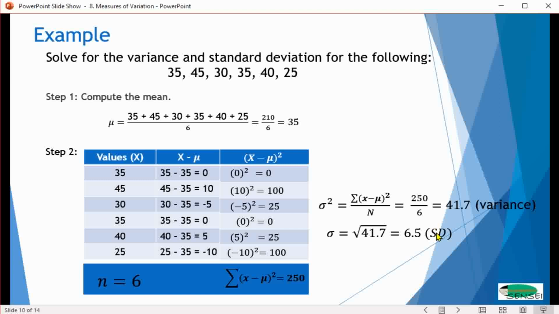In this case, we are going to assume that standard deviation ang ating final answer. So square root of 41.7 would be 6.50 in the calculation. So that would be it. So ang distance ng mga numbers na to, kung i-graph natin to siya, is that from the mean, the result is 6.50.